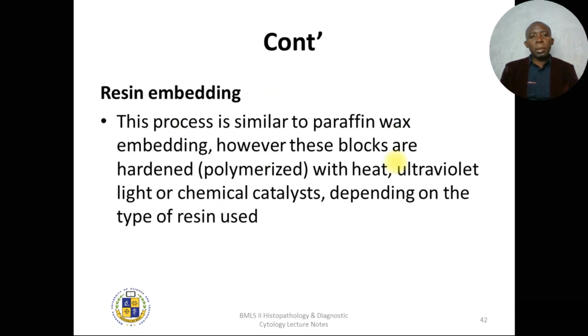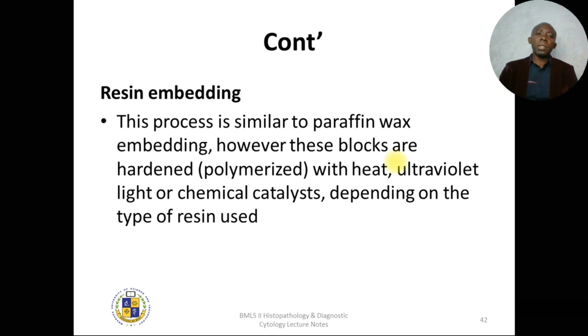So the resin embedding process is similar to paraffin wax embedding. However, these blocks are hardened, or polymerized, with heat, ultraviolet light, or chemical catalyst, depending on the type of resin used.